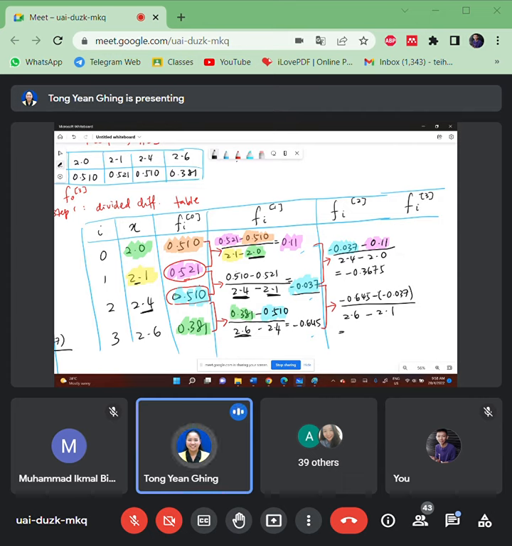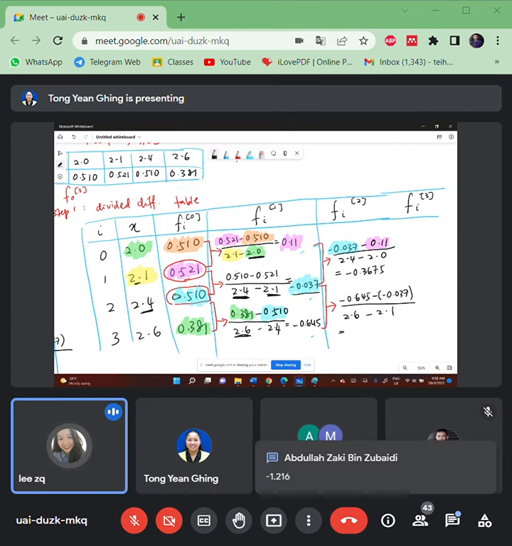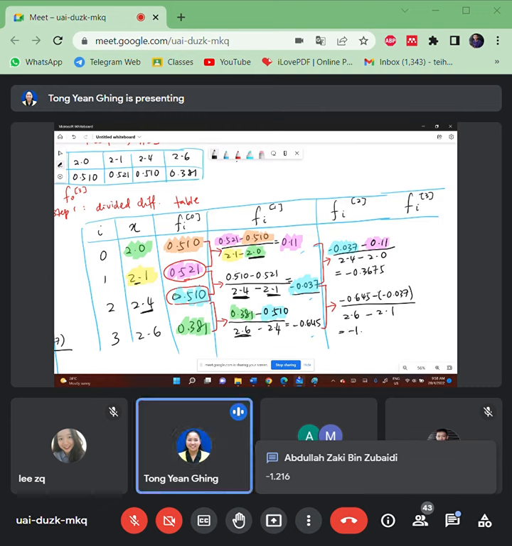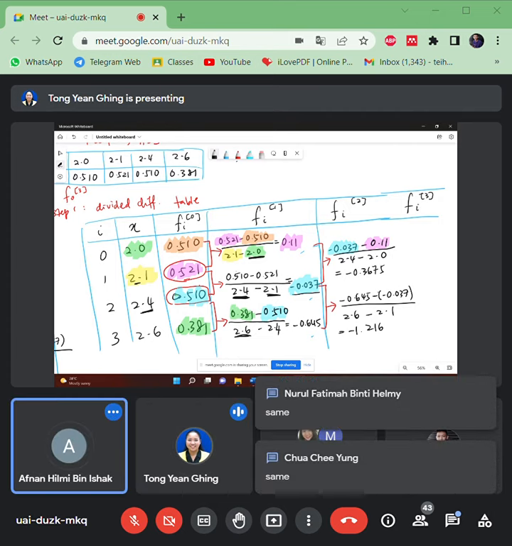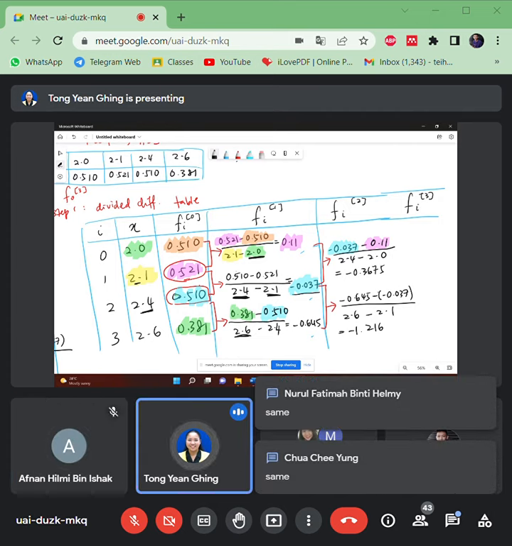Negative 1.216. The same like just now. Zaki pun dapat sini. Same. Others, how about the others? Got other answer or not? So all same. Negative 1.216. Okay.